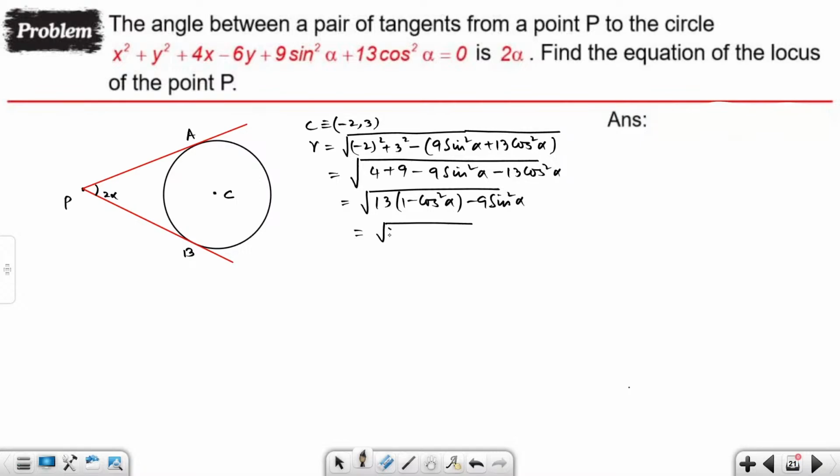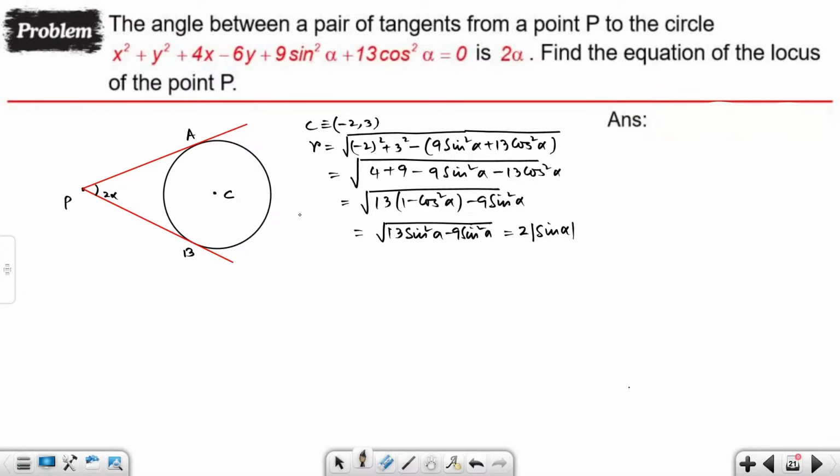So this is under root 13 sin square alpha minus 9 sin square alpha. So that gives us 4 sin square alpha. So that is 2 mod sin alpha. Is it clear? So that is the radius of the given circle.